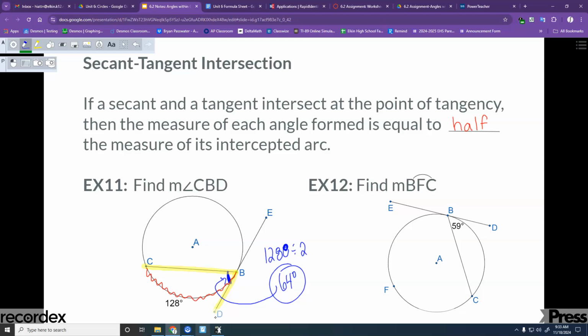Number 12 is pretty similar with just one little more twist. If this angle right here is 59 degrees, then the arc that goes with it, what should we do to find it? Multiply by 2. So if we do 59 times 2, I believe we'll get 118 right here. So that's this arc. But what did they ask us for?